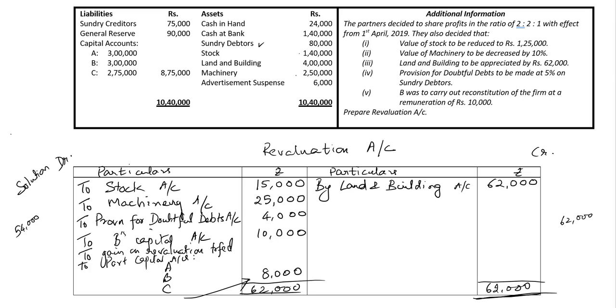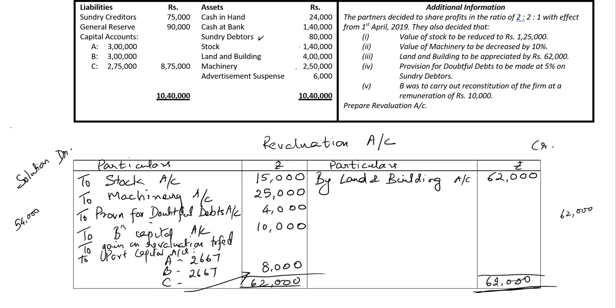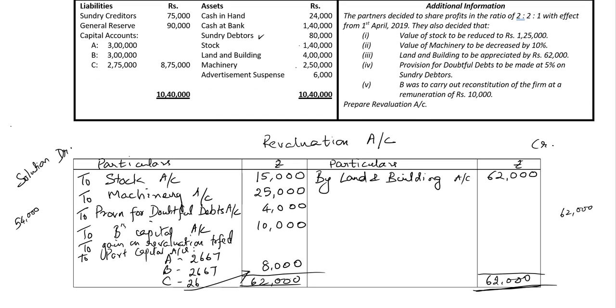The old profit sharing ratio is equal. So we'll have to divide this 8,000 by 3. Each will get 2,667 rupees and C gets 2,666 rupees. So this is the answer to the preparation of the revaluation account.